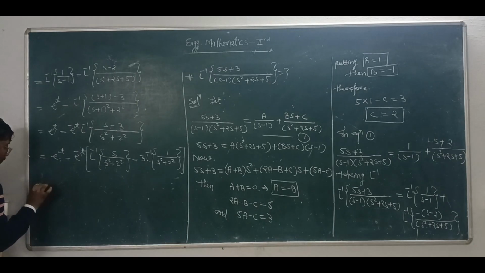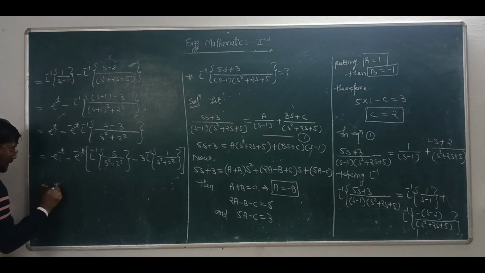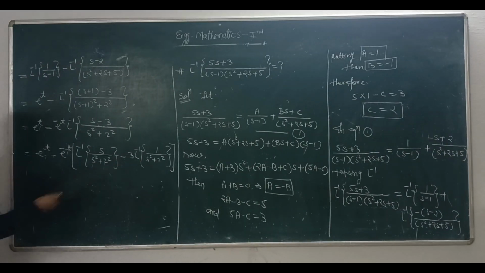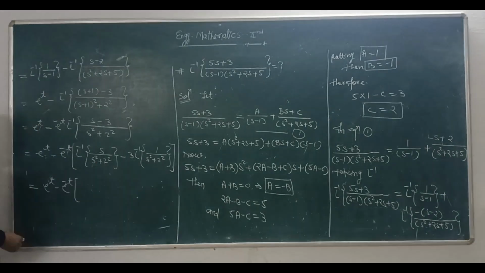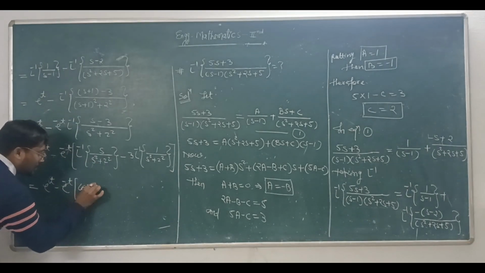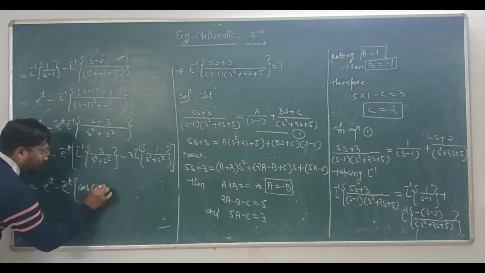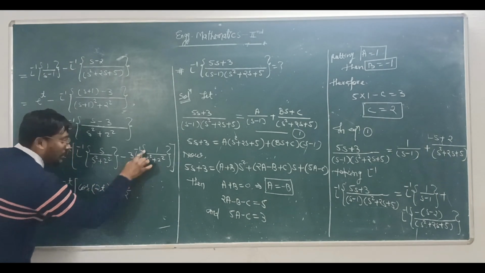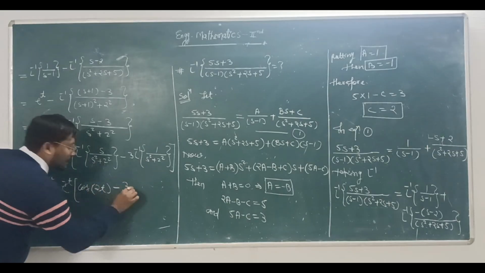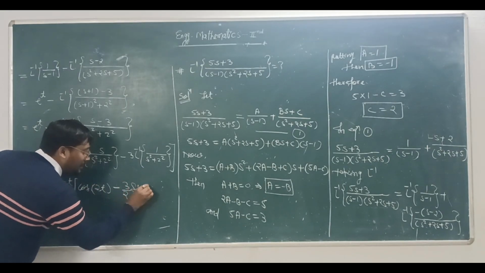Now open the inverse Laplace. Again e to the power t minus e to the power minus t, bracket. This is the function of cos at, this means cos 2t, minus 3 upon 2, 1 upon a sin at, this is sin 2t.